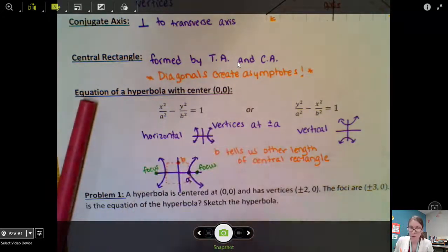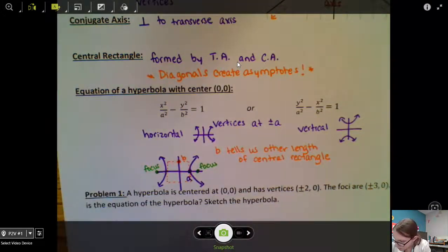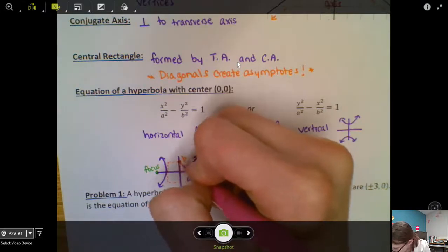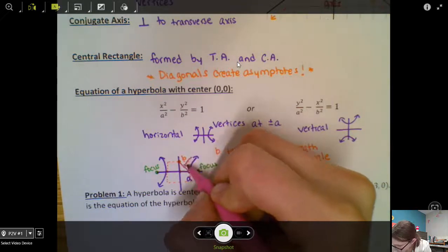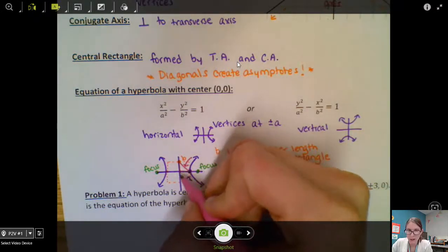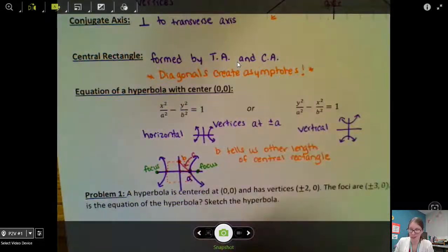So we're actually going to be able to do a very similar process with our right triangles to figure out where the focus is in a hyperbola, where we have this little right triangle here. If you imagine, here's your right triangle. This length is A, this length is B, this length would be C. That is going to tell us where our focus is. And we will see that in example 1 in just a second. But that is our general form for equations of hyperbolas.